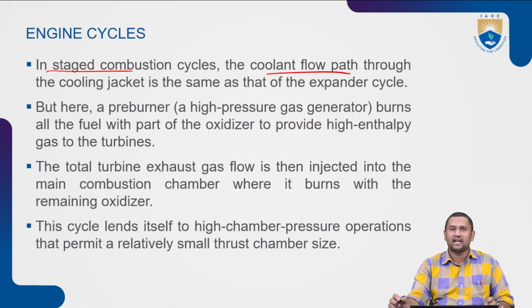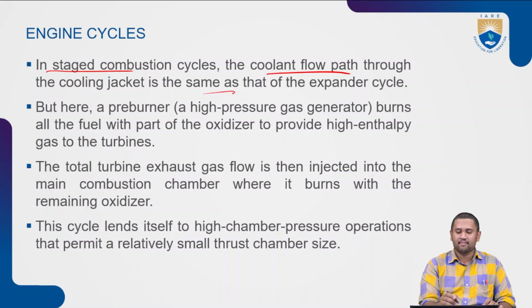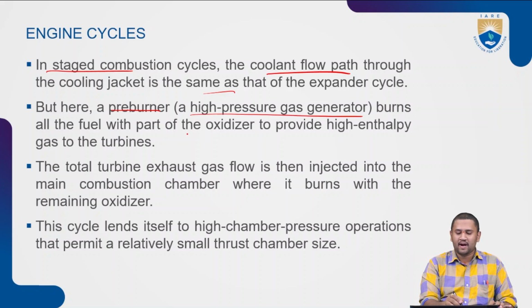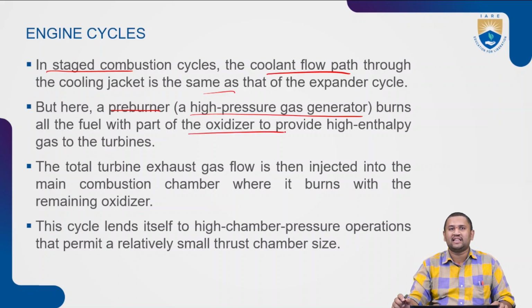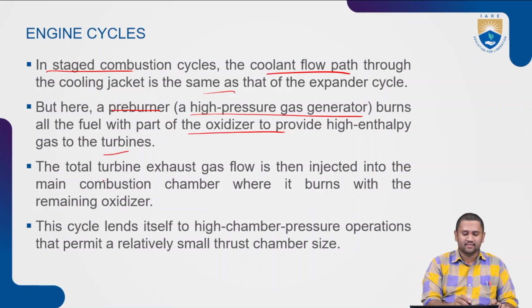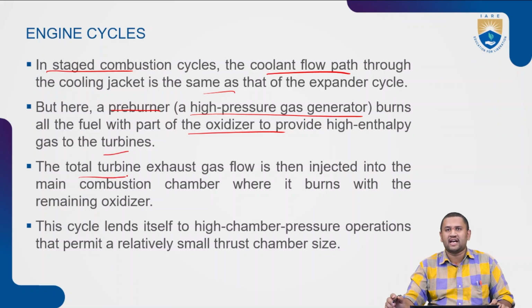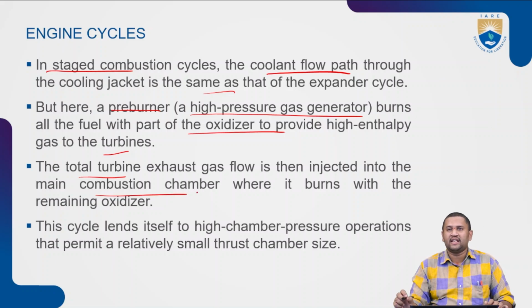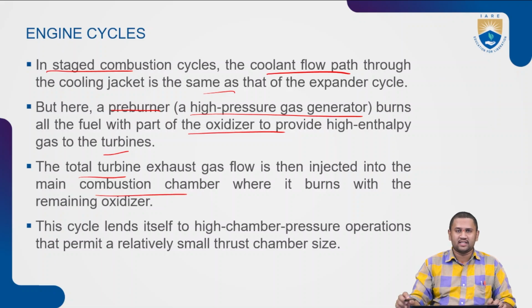The coolant flow path through the coolant jacket is the same as in the expander cycle, but a pre-burner, that is a high pressure gas generator, burns all the fuel with part of the oxidizer to provide a high enthalpy gas to the turbines. The total turbine exhaust gas flow is then injected into the main combustion chamber where it burns with the remaining oxidizer.